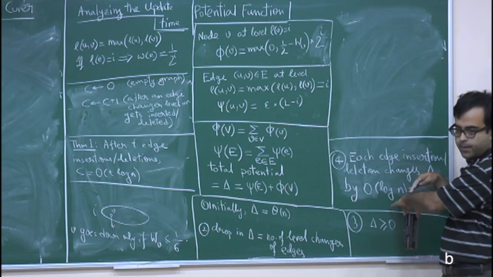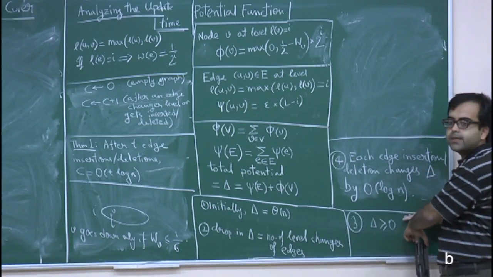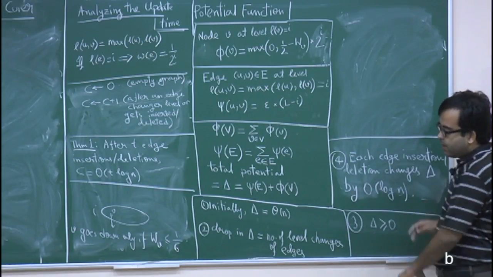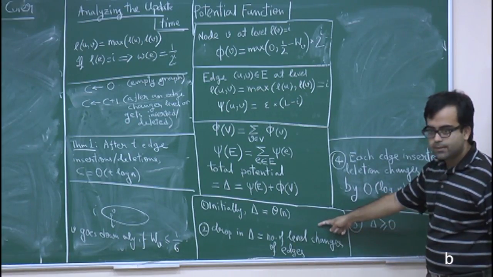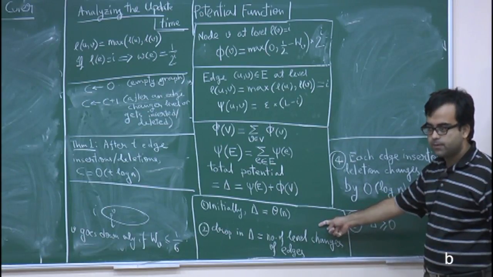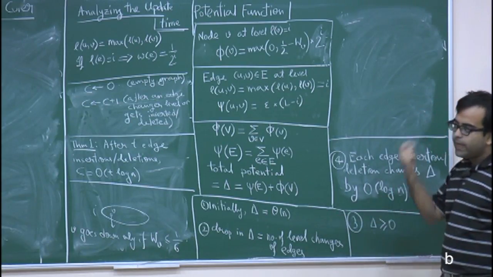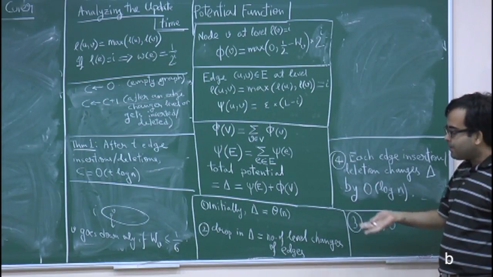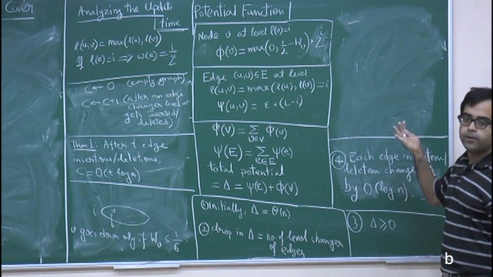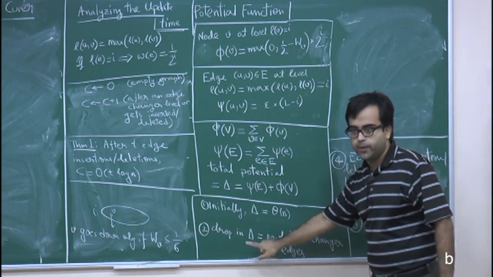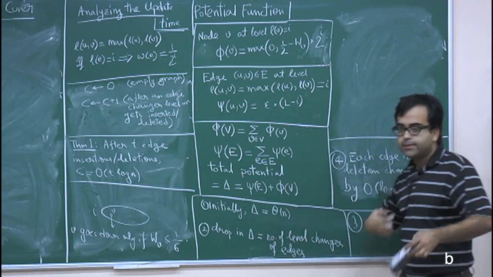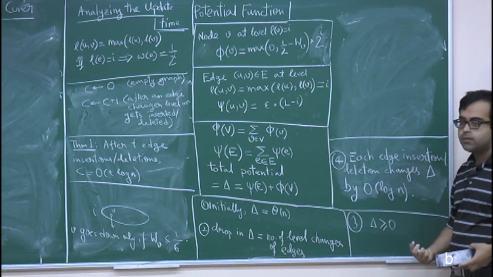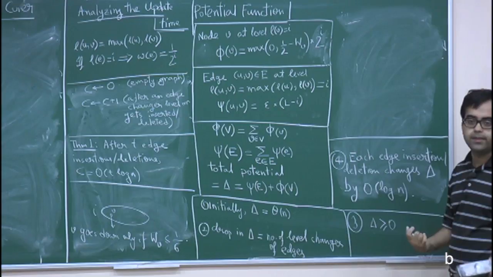Okay. And you know that the account always has non-negative balance, right. And finally, condition 2 says, which we are going to prove now, that after every elementary operation, some amount of balance is withdrawn from your account. This is drop in the potential, and this amount of withdrawal is proportional to the number of level changes in the edges.